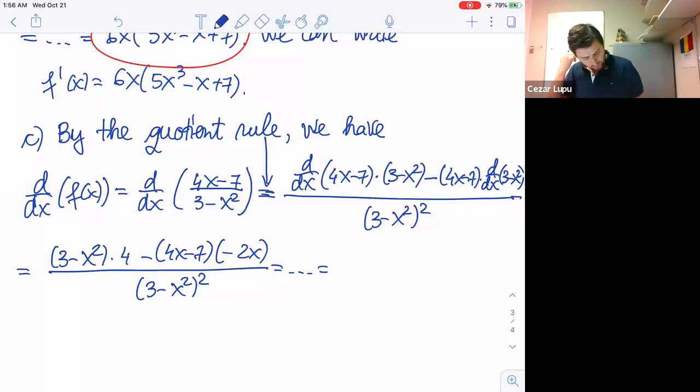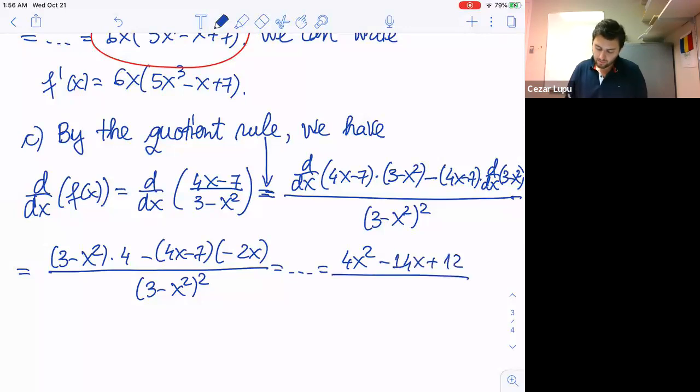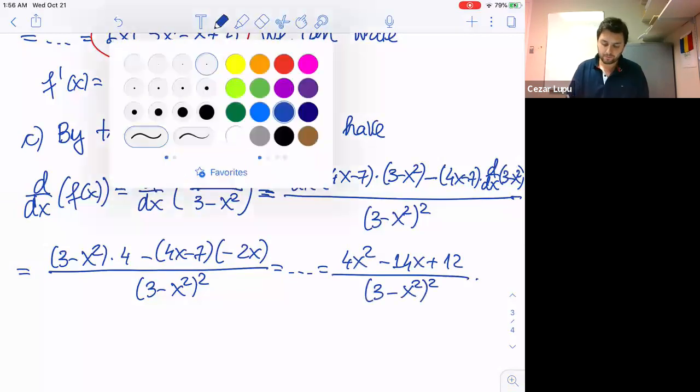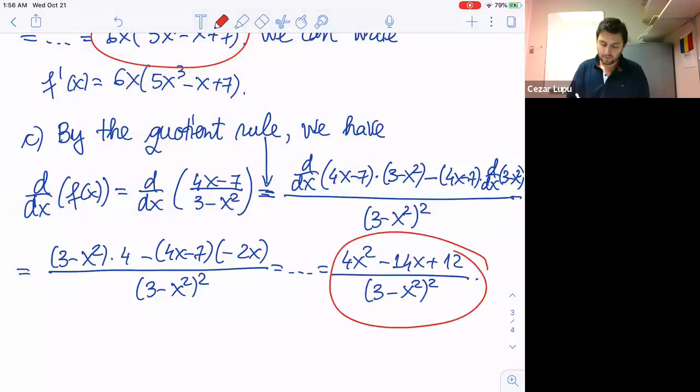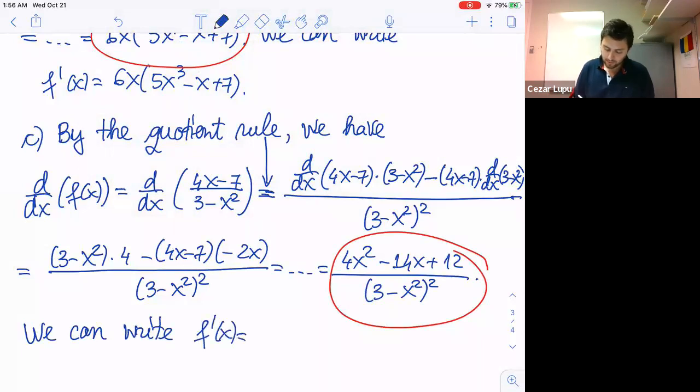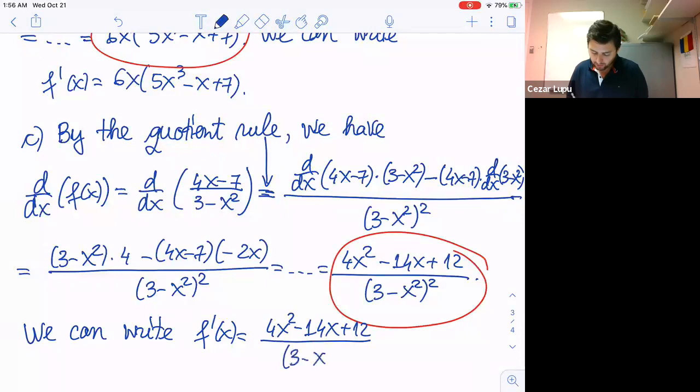So this will be 4x squared minus 14x plus 12, everything over 3 minus x squared, everything squared. So that's the derivative. So we can write f prime of x as 4x squared minus 14x plus 12, everything over 3 minus x squared, everything squared.